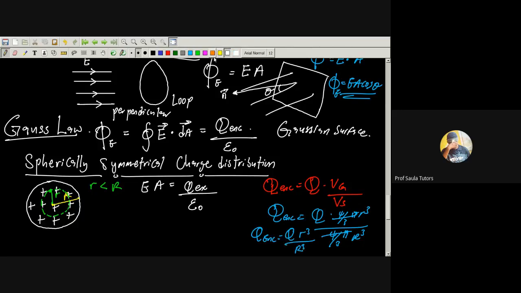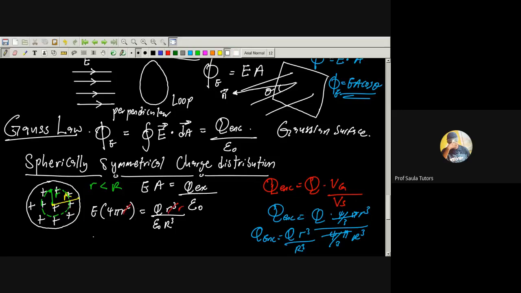I'll say E, times this area, the area of the Gaussian surface, the area of the sphere, 4 pi r square, is equal to our charge enclosed, Q r cube all over R cube, and this epsilon naught will still be there. So what do you think I will do from here? It's very simple. Firstly, this r square will cancel one of these, so you have one r left.